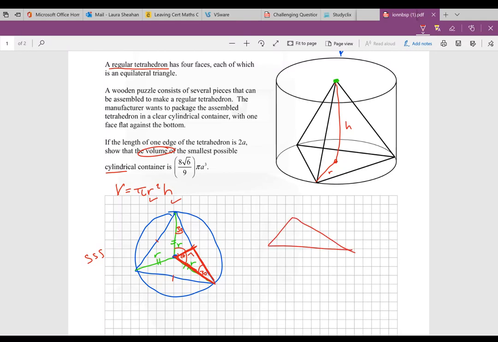I'll draw it in the same orientation as I took it. 30. Remembering that originally all of these sides were 2a, I've just taken exactly half of that full triangle. So this bit from here to here is a.